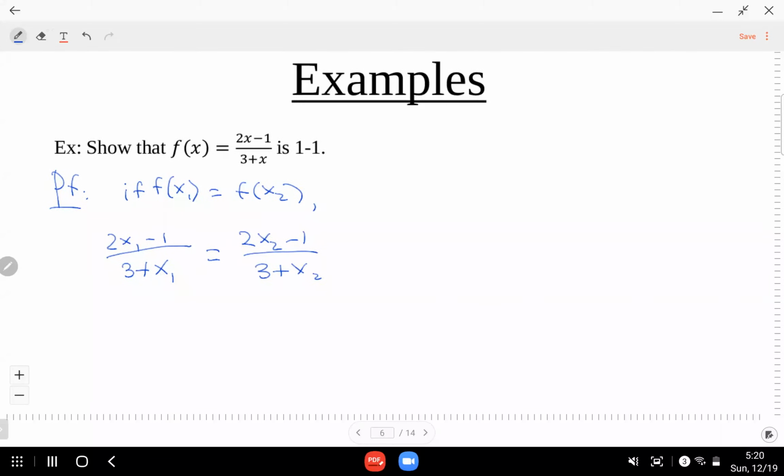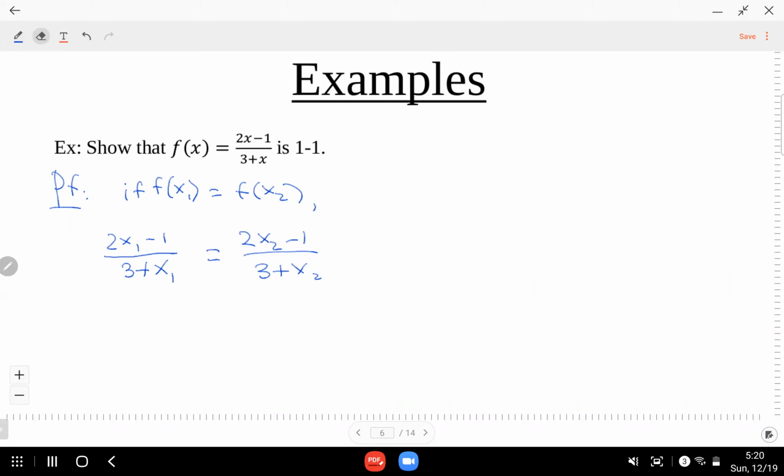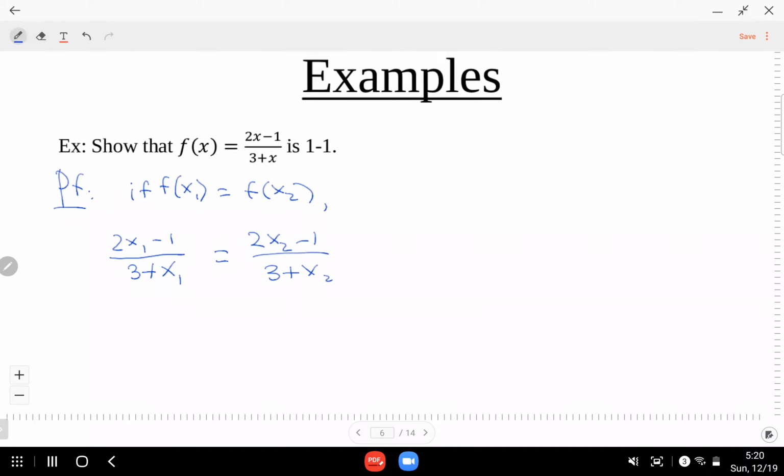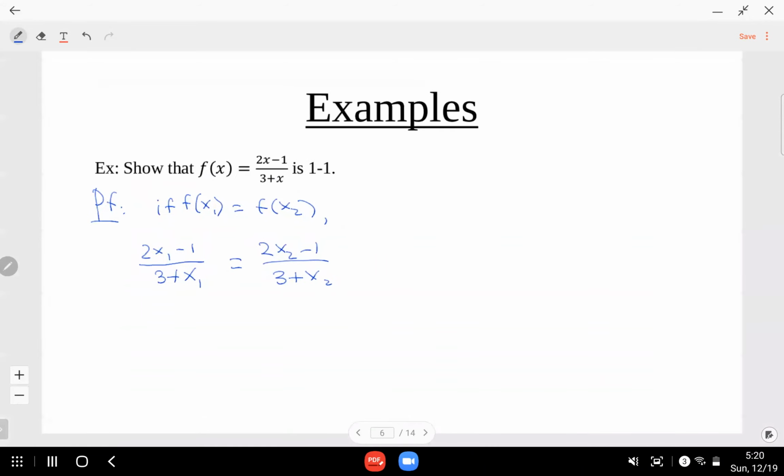All right, so that's how we do this. And then, okay, we just cross multiply, right? We multiply those two, and then we can just simplify and see if x1 does indeed equal x2.